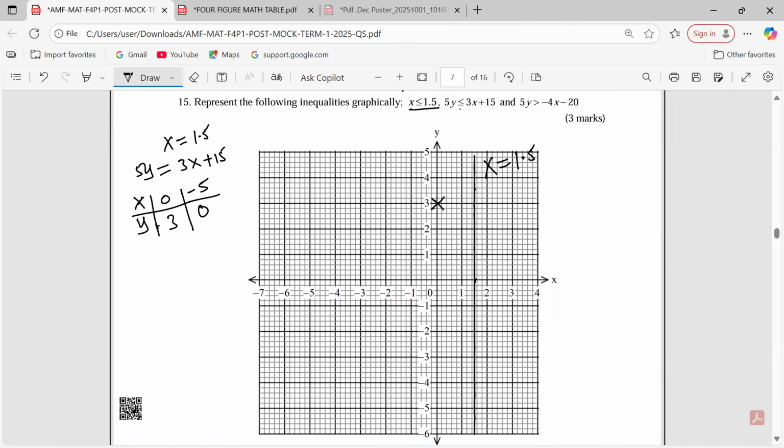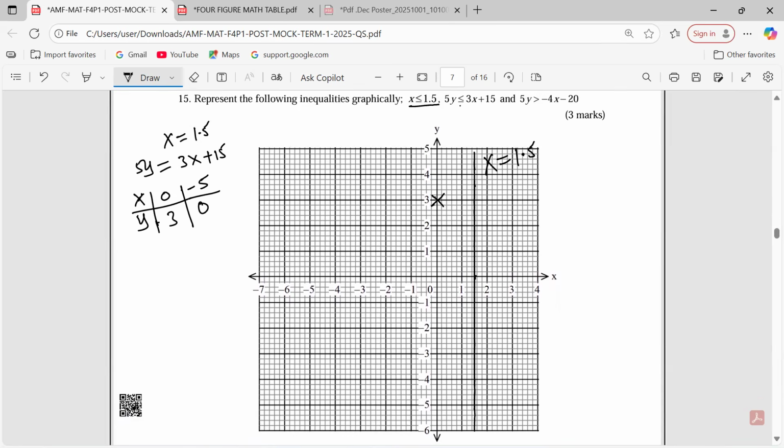All right, the examiner has already established some coordinates here. So we don't have x as negative 5. However, we can try some other coordinate, like when x equals 3, 5y equals 9 plus 15.